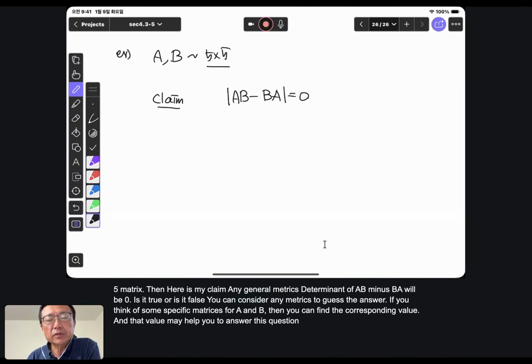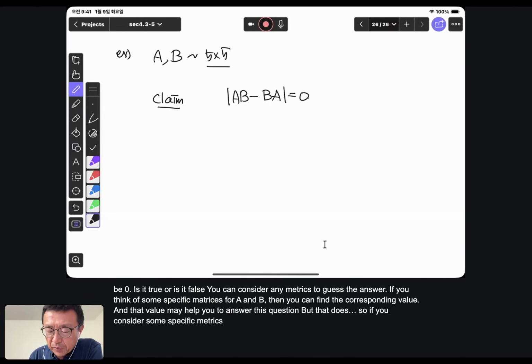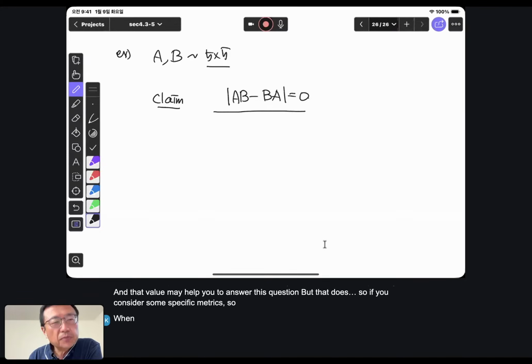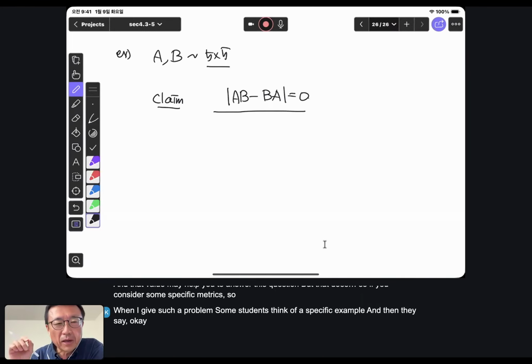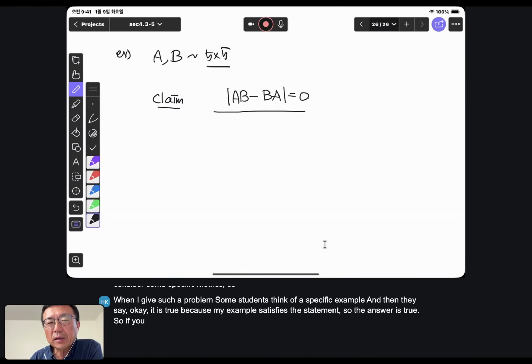But when I give such a problem, some students think of a specific example. And then they say, okay, it is true because my example satisfies that statement. So the answer is true. If you claim like that, that is not mathematical proof.